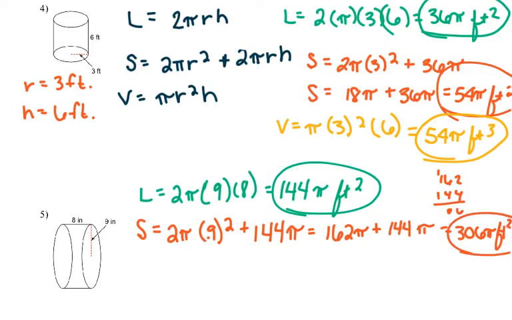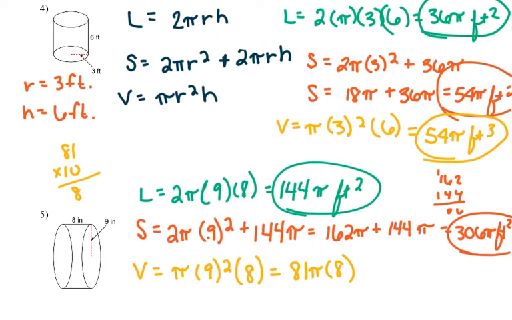And then finally for our volume, we've got pi times the radius squared times 8. So 9 squared is 81, so we've got 81 pi times 8. So 81 times 10 is 810, and then we need to take away 2 81s, so take away 162.